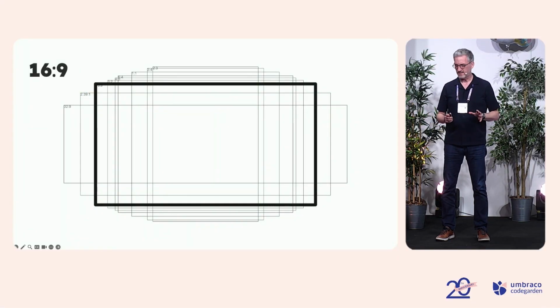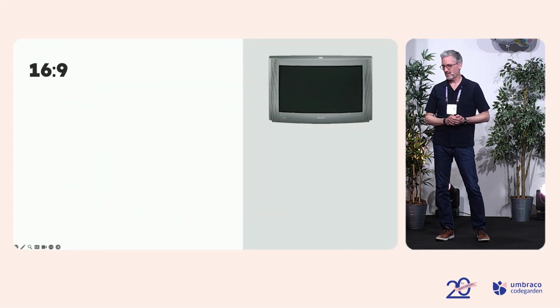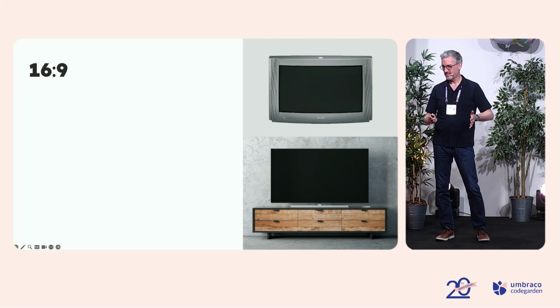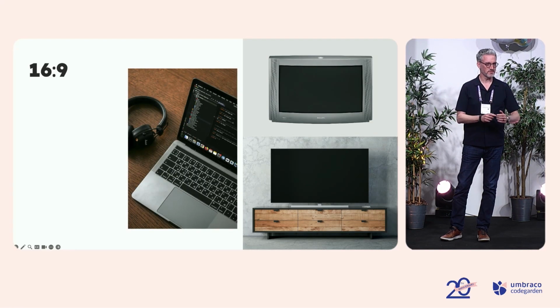16:9 is one that's become popular, first of all in widescreen televisions that used to look like this from the 1990s, late 1990s, early 2000s. All of our modern TVs are the same format. Most of our laptops, most of our desktop screens are 16:9. This is how we consume content largely today.